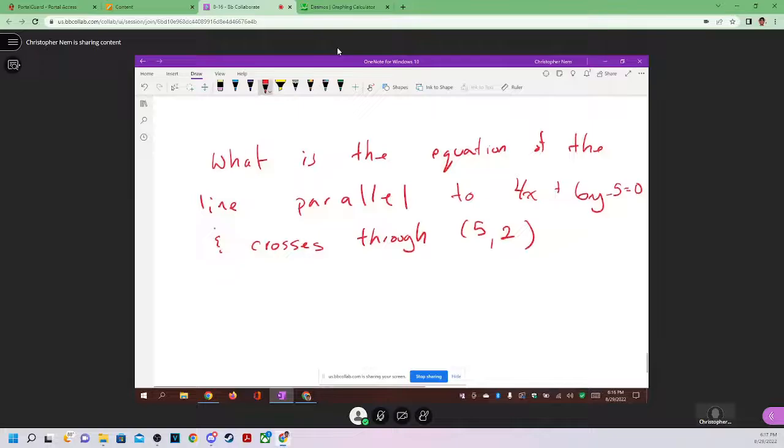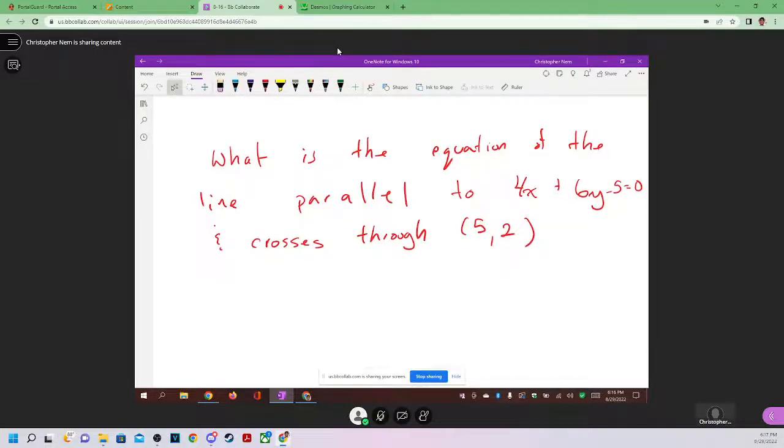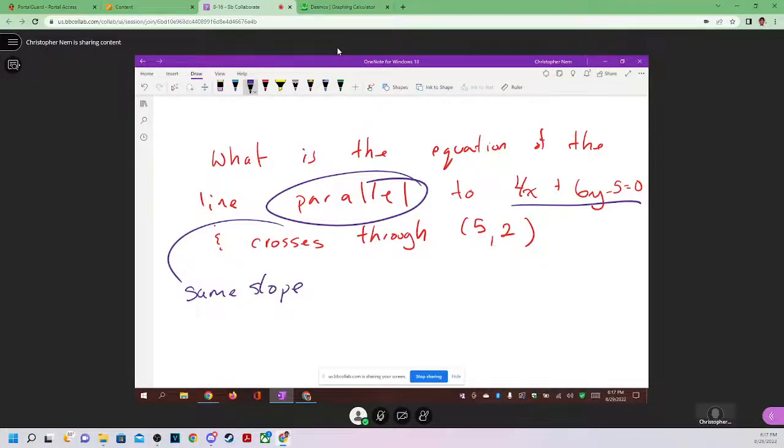What about this one? If I ask you what is the equation of the line parallel to 4x plus 6y minus 5 equals 0 and crosses through the point 5 comma 2. Well, I know this means same slope. All right. But what is the slope of this equation? And what's the purpose of the constant?